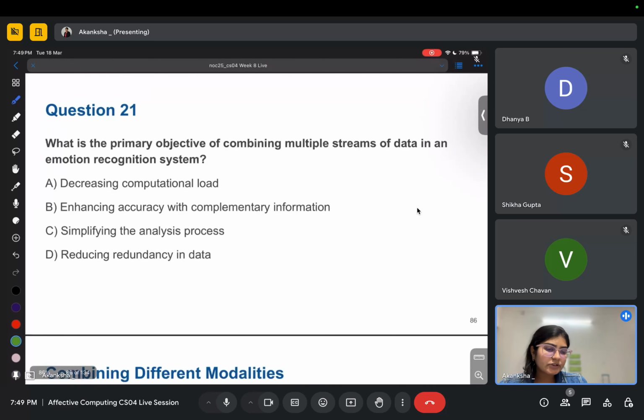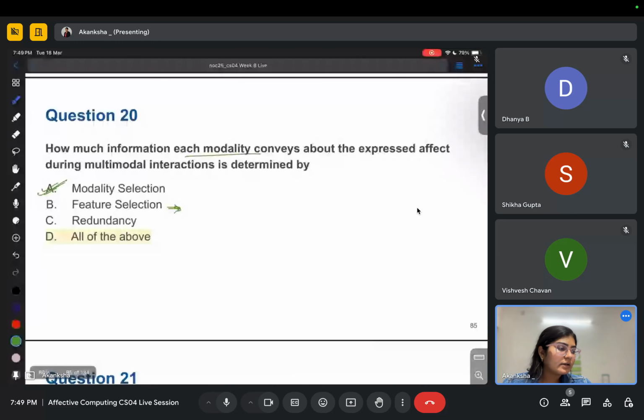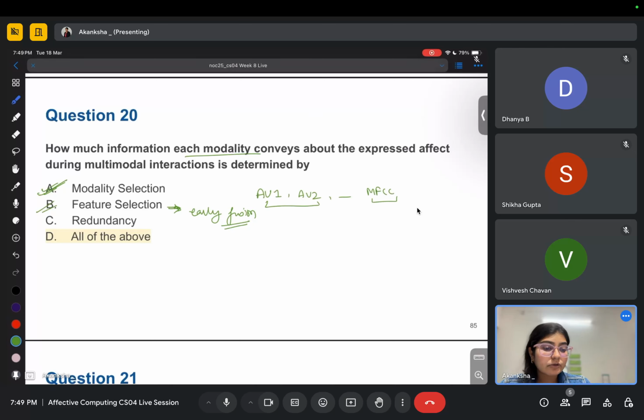Actually, feature selection can also be there, because let's say you have features like AU. In case of early fusion, it can be useful. Let's say we have AU1, AU2, then we have audio features, let's say MFCC. These belong to different modalities.